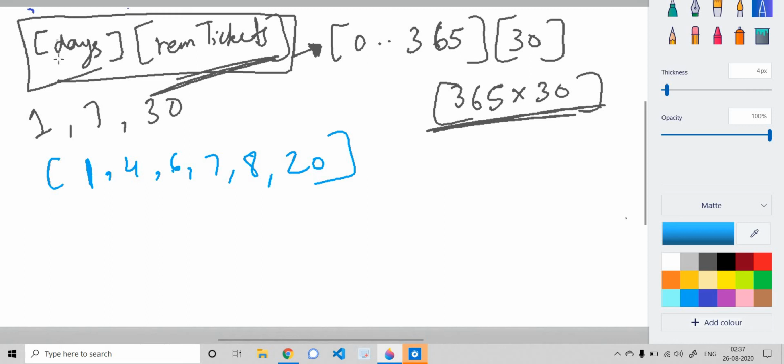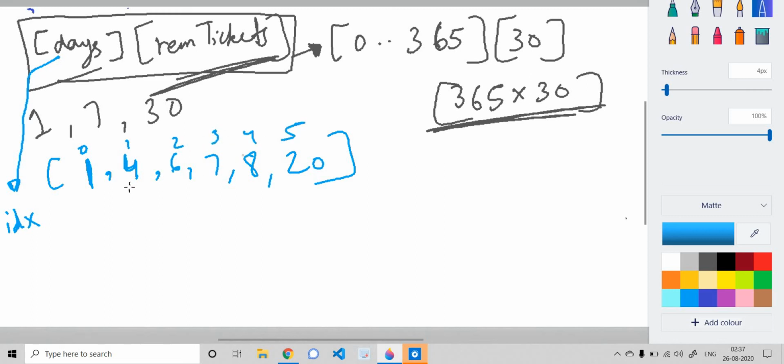This days array holds the days we want to book tickets for, and the indices are 0, 1, 2, 3, 4, 5.